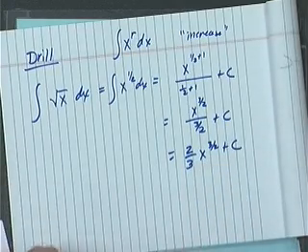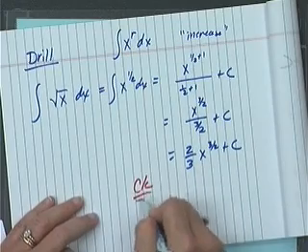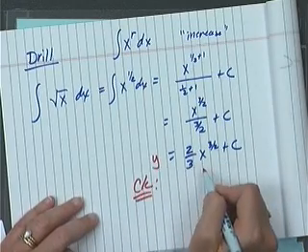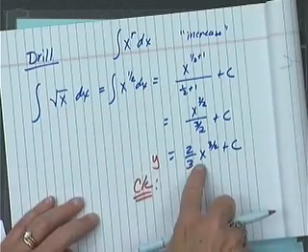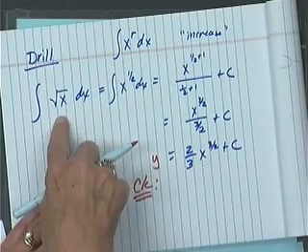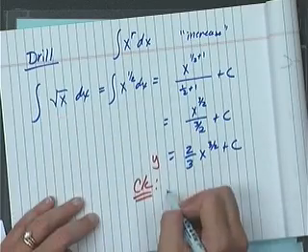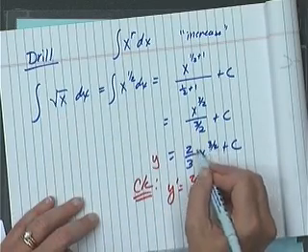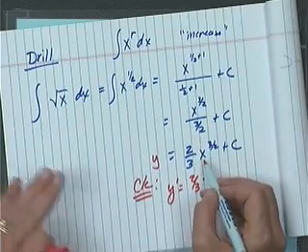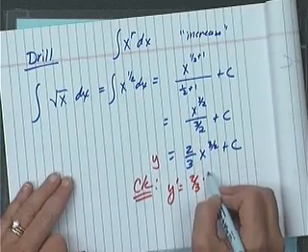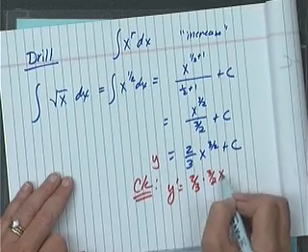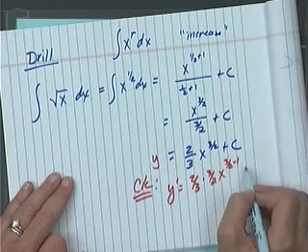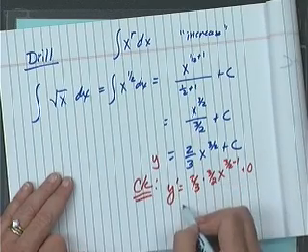All right, let's do a quick check. Your answer is the function, and when I take the derivative of this, I better be back to square root of x. All right, so let's do the derivative. So I have 2/3. I'm doing a derivative, so I'm going to bring down the 3/2, rewrite, decrease by 1. And then the derivative of a constant is 0.